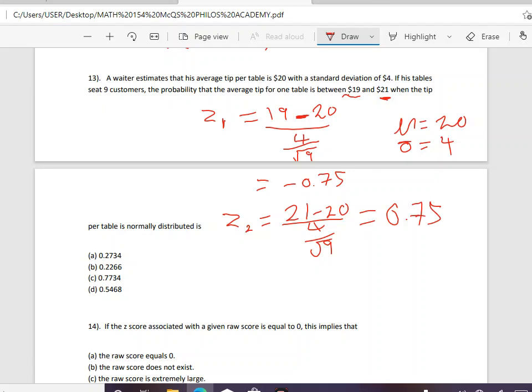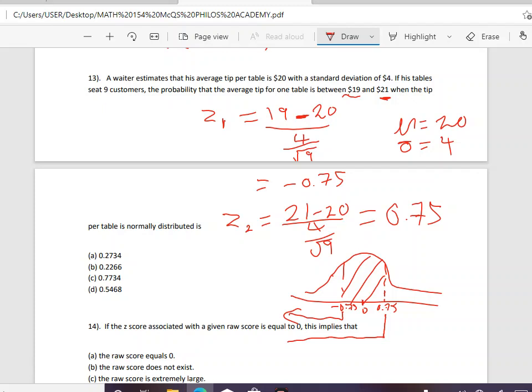Now what this means is that they said between, right? So when you have your curve, let's say 0 is at the middle here, negative 0.75 is here, and positive 0.75 is here. They say we should find the area between. To get the area between, you find negative 0.75 to the left, and you also find positive 0.75 to the left.